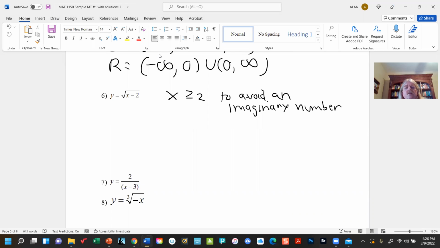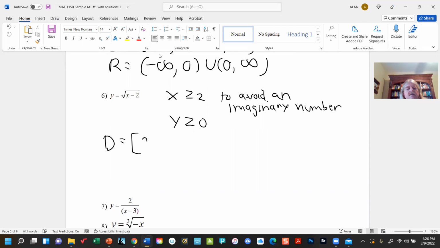Well, the way it's written, y cannot be negative, can it? Because we're taking a square root. So that indicates that the domain is everything from 2 to infinity, including the 2. And the range is everything from 0 to infinity, including the 0.